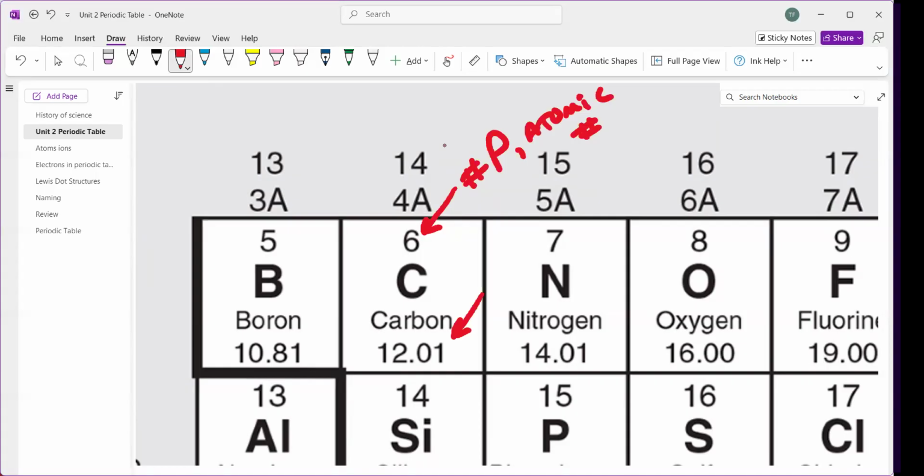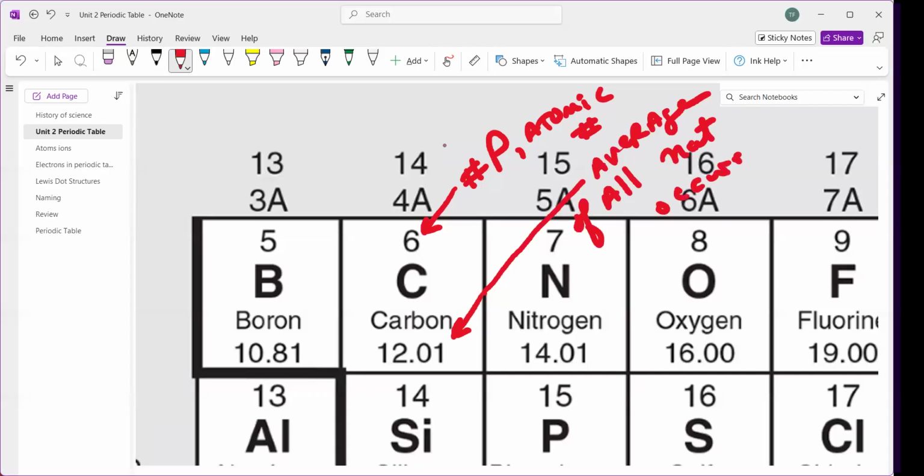Okay, the decimal number is kind of complicated. It's the average of all naturally occurring isotopes.